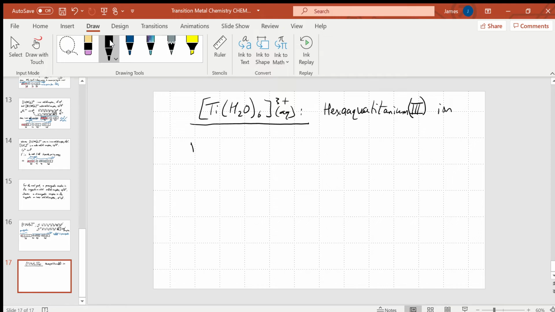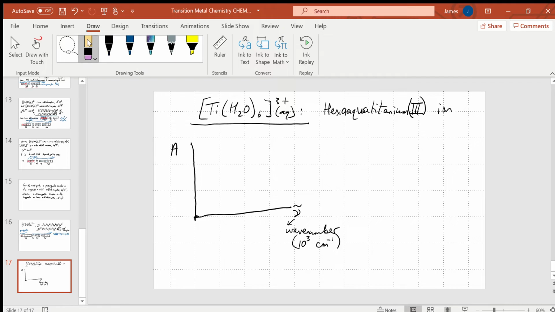Let's look at the absorption spectrum. So if we look at absorption here against wave number, and this wave number is going to be in multiples of 10 to the 3 reciprocal centimeters. Let's make this a little bit neater.